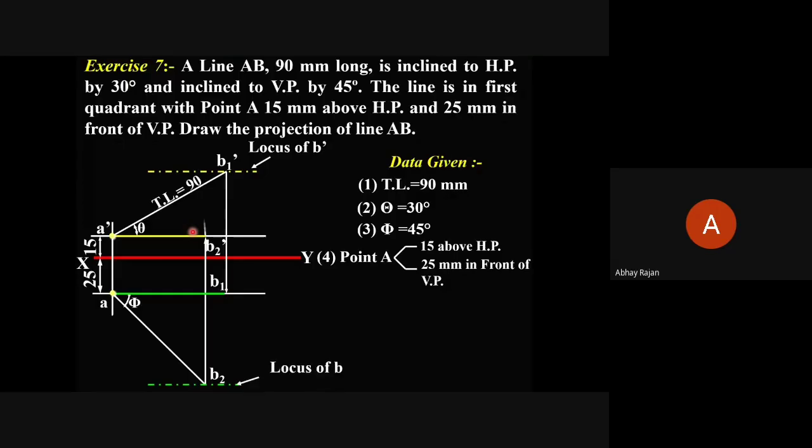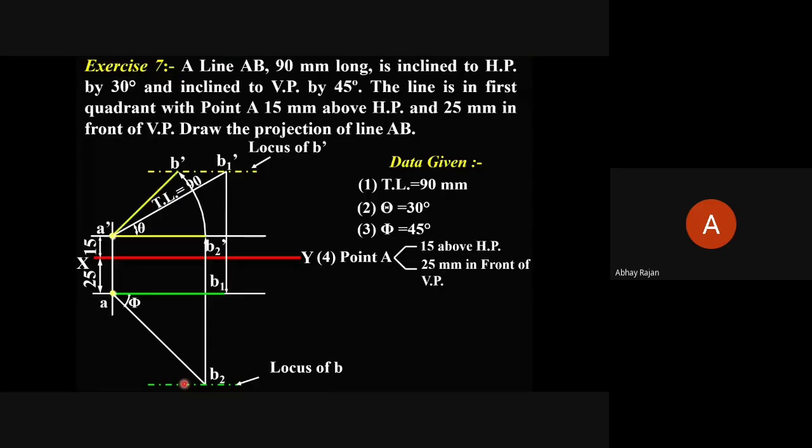We take the reduced length of the inclination with VP shown in the front view in the compass, and with A dash as center and the length of B2 dash, we draw an arc here, cutting a point. Similarly, you take the reduced length in the top view and rotate it to this locus of B.